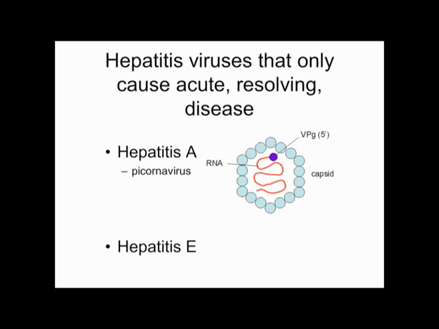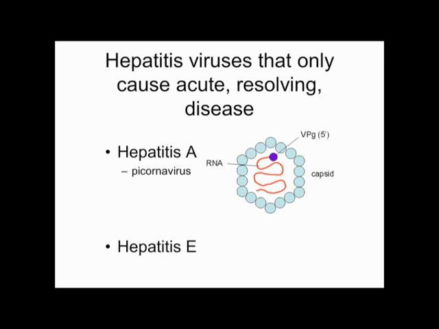Hepatitis E is identical. We've got the virus. If you want to know, is this an acute infection, you want the IgM antibody. If you want to know, was this person ever exposed in the past, then you want the IgG antibody. Okay?